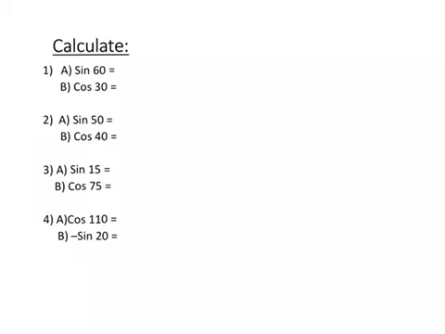Once you type sine 60 into your calculators, you get root 3 over 2. Now type in cos 30, and it's also root 3 over 2. Then type in sine 50, 0,766.